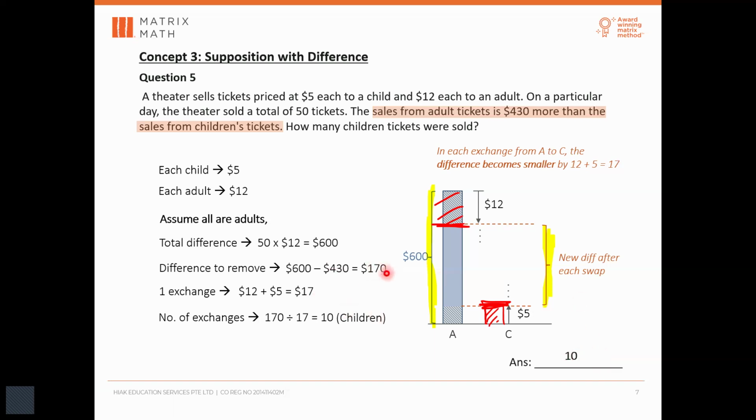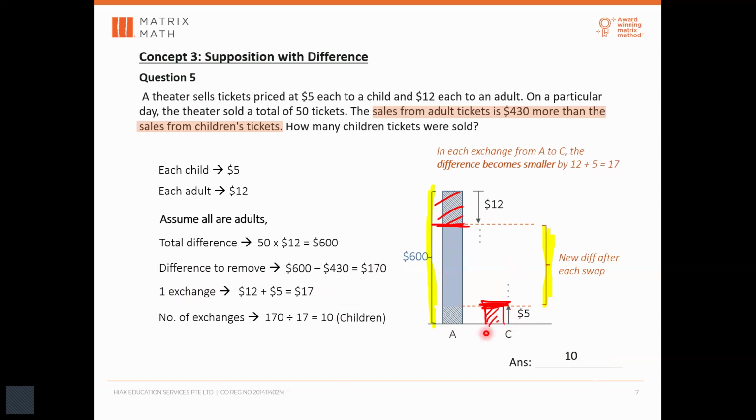Okay, Giselle, from which step? The difference or one exchange? One exchange. Okay, let me explain one exchange again. So now, after finding the difference that I need to remove, I know I need to exchange, because right now the children is zero.